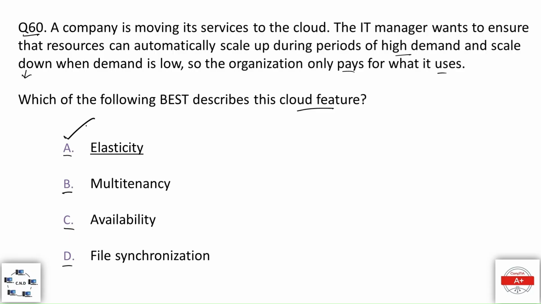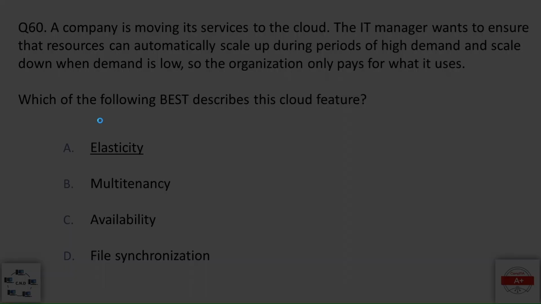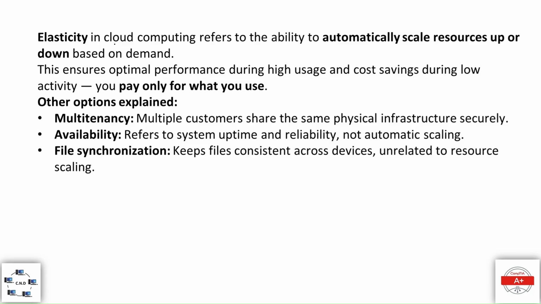option A, elasticity. And the explanation is, so elasticity in cloud computing refers to the ability to automatically scale resources up or down based on demand. This ensures optimal performance during high usage and cost savings during low activity because you pay only for what you use.